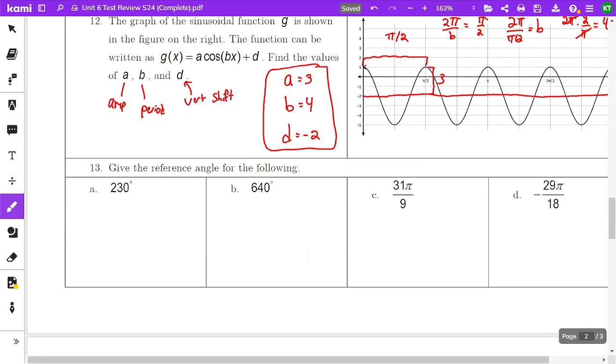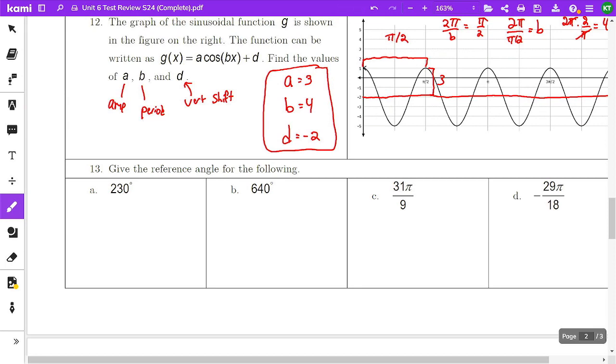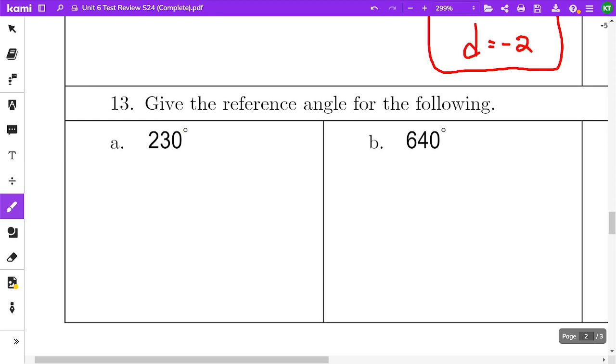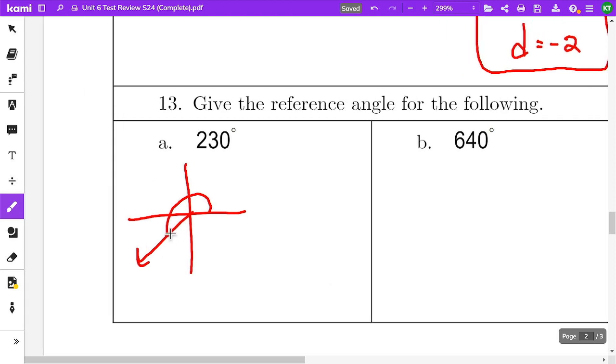Moving on, I have number 13. This is asking us to find reference angle. So a 230-degree angle, that's going to be in our third quadrant here, something around there. And again, our reference angle is an angle that's formed from our terminal side, which is this side, and our x-axis. So it will always be positive and it will always be acute.